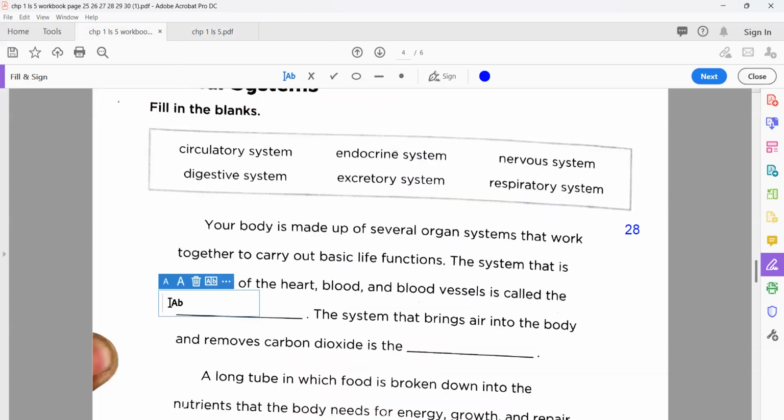The correct answer is, very good, circulatory system.